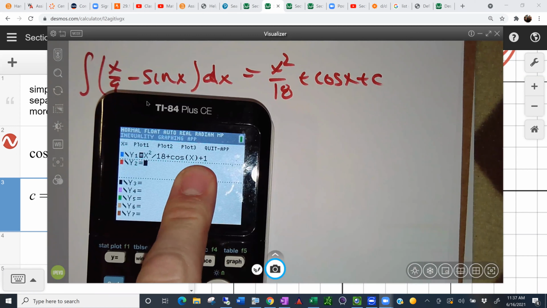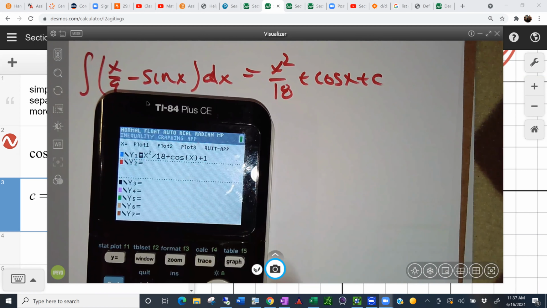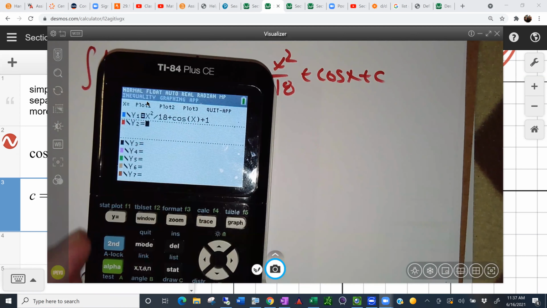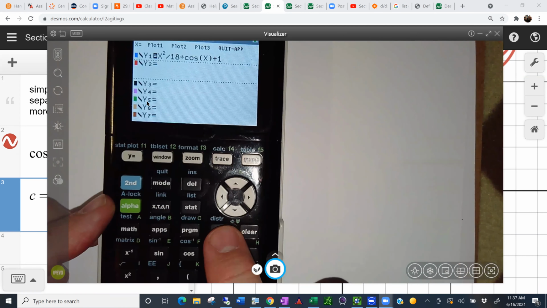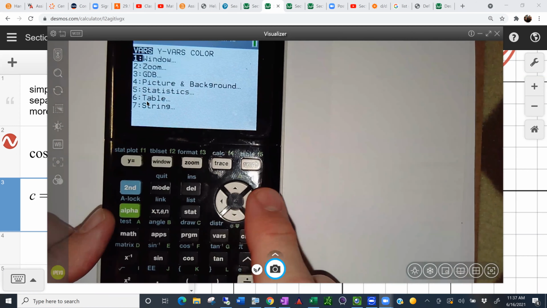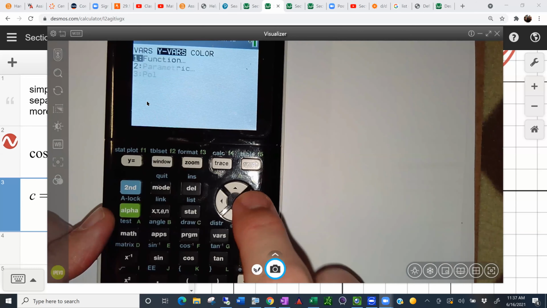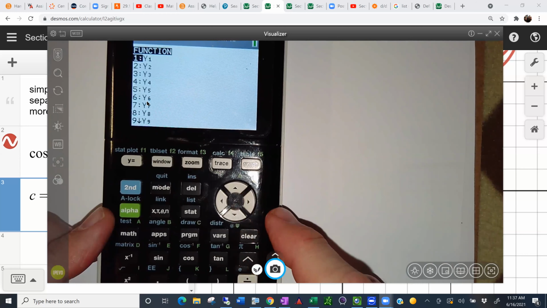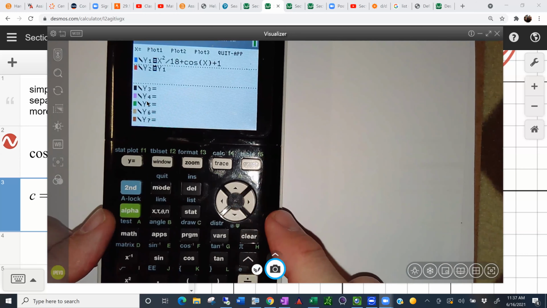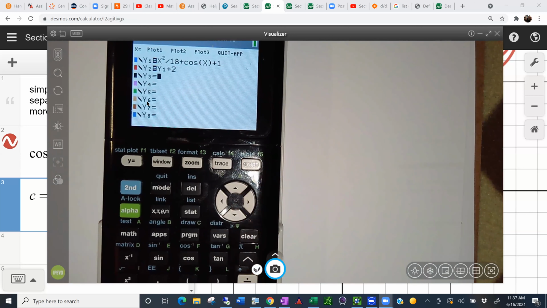If all I want to do is take that and maybe add 2 to get to the next one, easier than typing that in, you could hit vars and then go to the right one and hit y vars, press enter and select, oh, I want function 1, except I want to add 2 to it. And you get the same thing. You're just going to get a level curve that's a little higher, 2 higher. I can do that and add 4 if I wanted to.